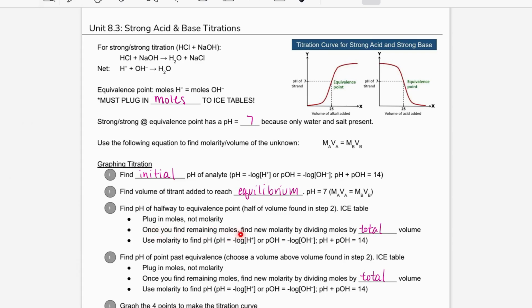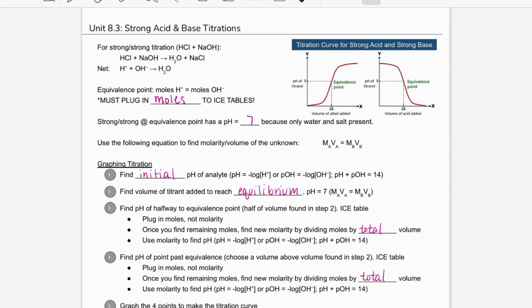Once we find those moles, we're going to find the new molarity by dividing by the total volume, so the starting volume of your analyte plus the halfway volume from step 2. Then once we have molarity, we plug it into our negative log, and potentially use 14 minus pOH to find the pH.